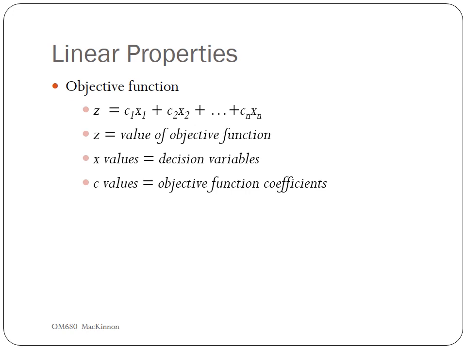It doesn't have to be that way. X are the decision variables, and the C values are the coefficients. And we'll use this in an example. Most of the math in this course is really just algebra. Maybe a while since some of you have used algebra, but I'm sure it will come back.